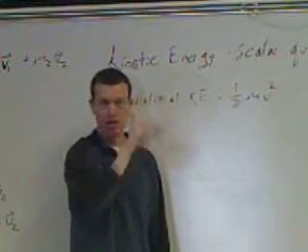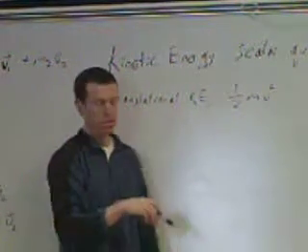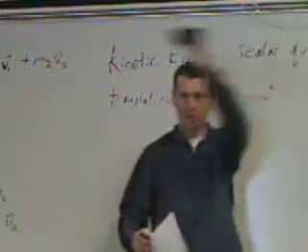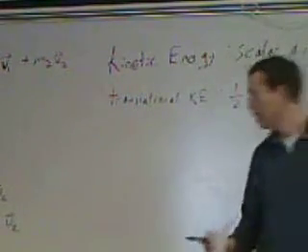That's a vector. V with no hat, that's the magnitude of the one with the hat. So that's translational. Does everybody know what I mean by translational? Translational means it's moving about in essentially 3 dimensions, but it's just moving around. It is not spinning.